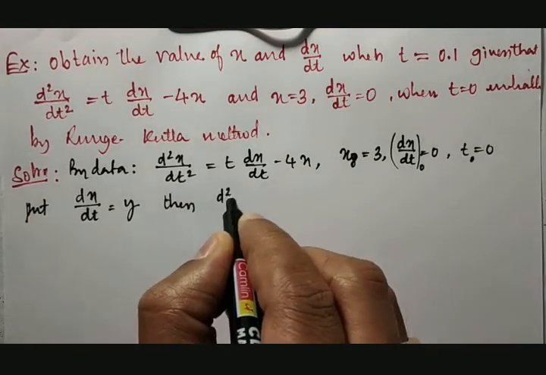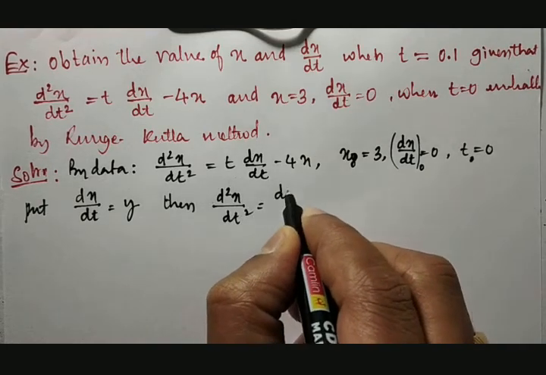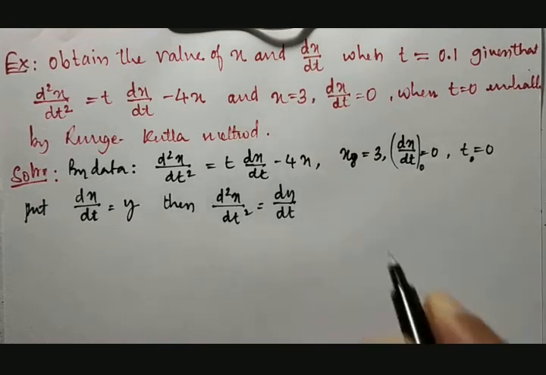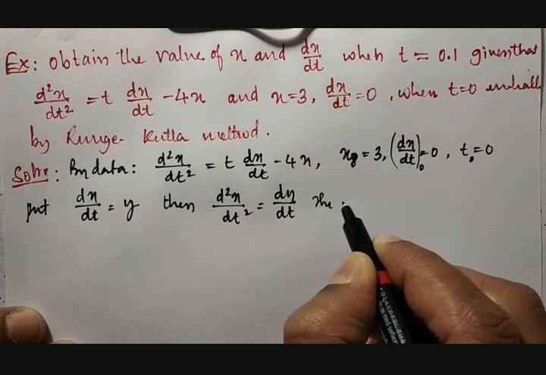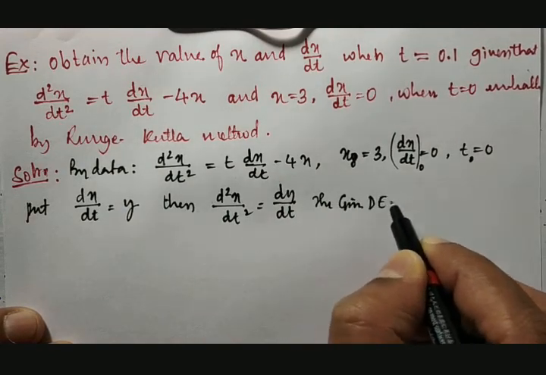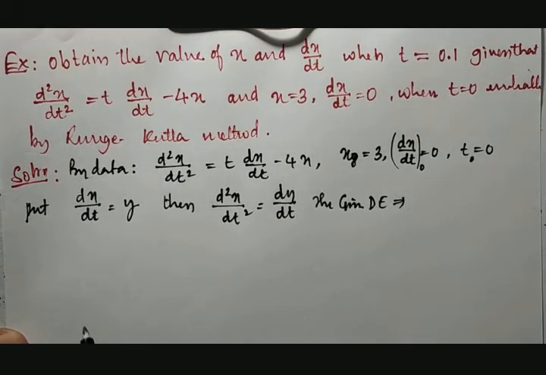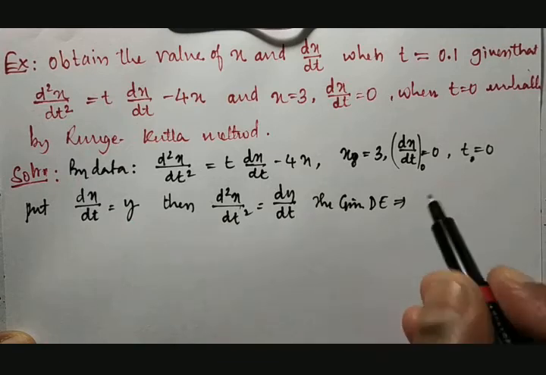Then what happens? It's a second order, so d square x by dt square will be equal to dy by dt. Please be careful, dy by dt. Then the given differential equation converts into d square x by dt square is nothing but dy by dt.